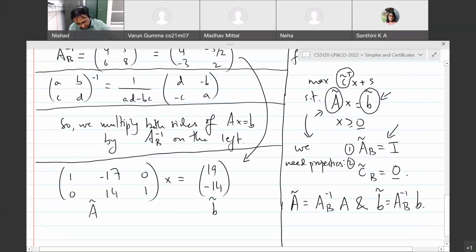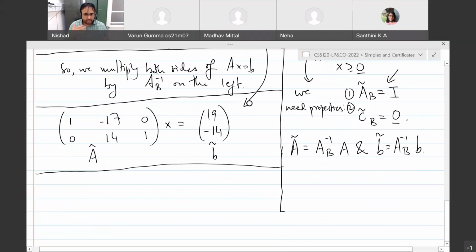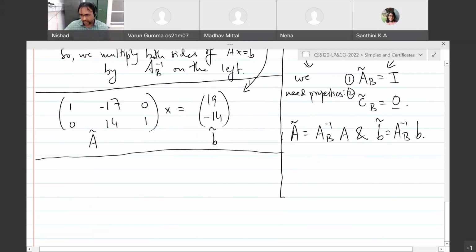Notice that in this particular example, the right hand side b tilde is actually not non-negative. So at this point, you can already conclude that the basis given to us is not a feasible basis. That's not a problem. The procedure we are discussing applies to any basis. In general, we'll be applying it to feasible basis because that's what we really care about.